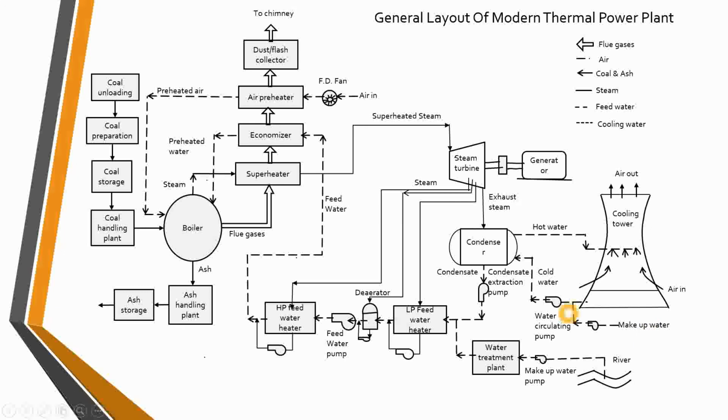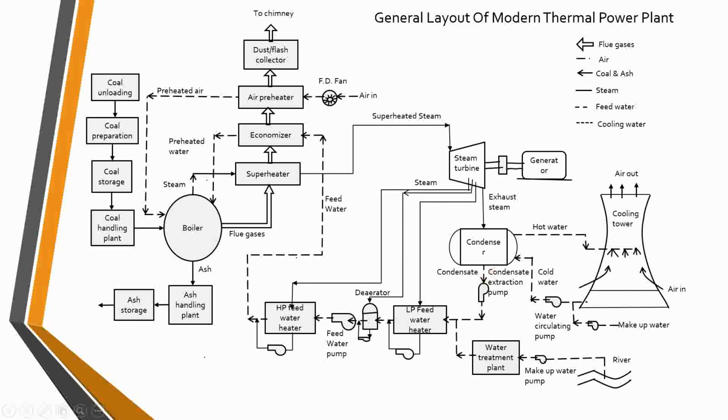This cold water comes from the cooling tower or river and is supplied to the condenser. Here the exhaust steam, which is already at high temperature, comes in, and the cold water will absorb all the heat from this exhaust steam. Because it gains heat, it goes to the cooling tower again, because it is hot water and we have to reduce its temperature.